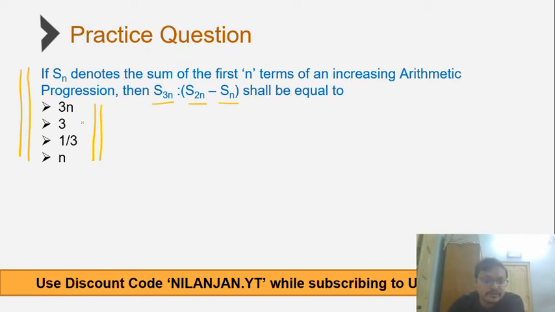Is it option A, 3n? Is it option B, 3? Is it option C, 1 by 3? Is it option D, n?